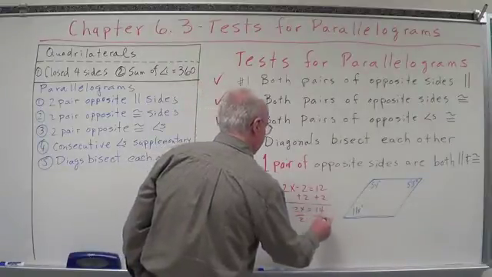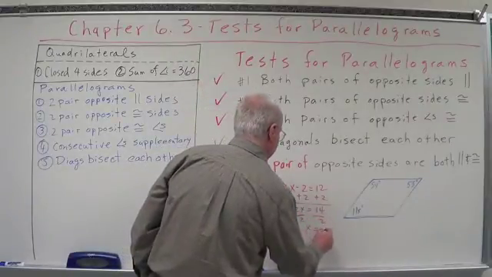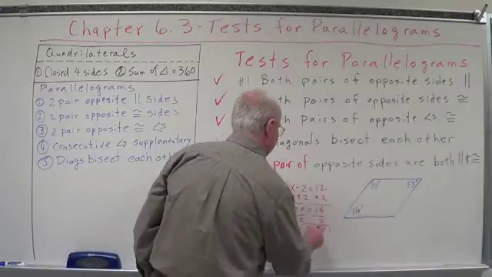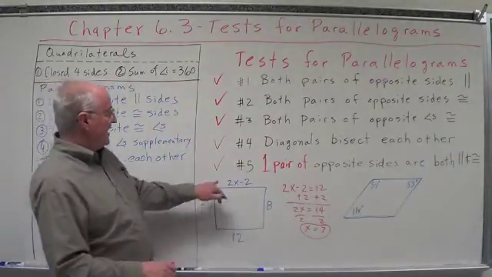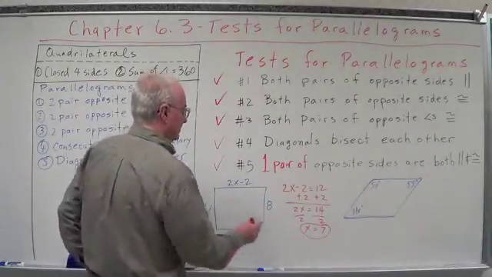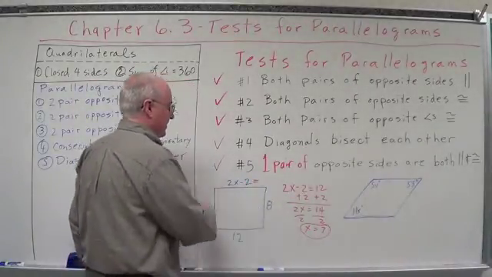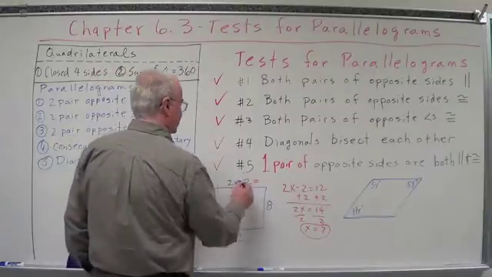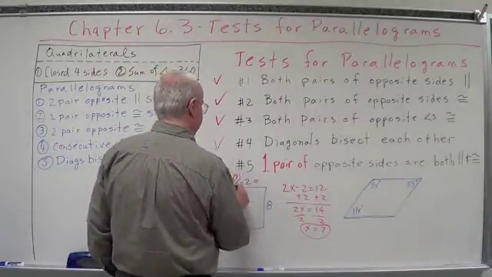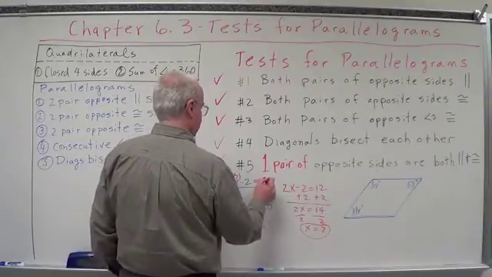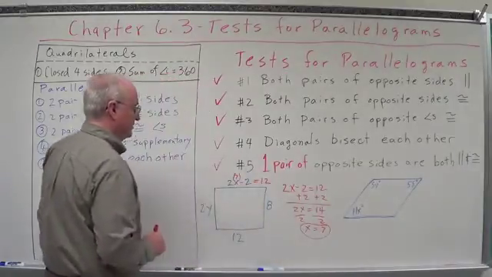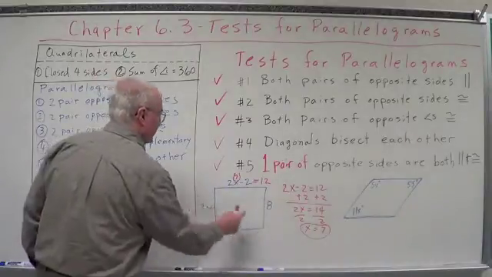Divide by 2, divide by 2, x equals 7. Okay? So if we make x equal to 7, these will be congruent. 2x, 2 times 7, minus 2 equals 12. So that works.